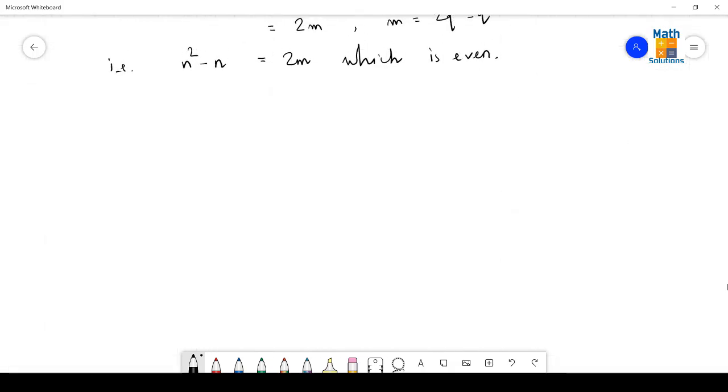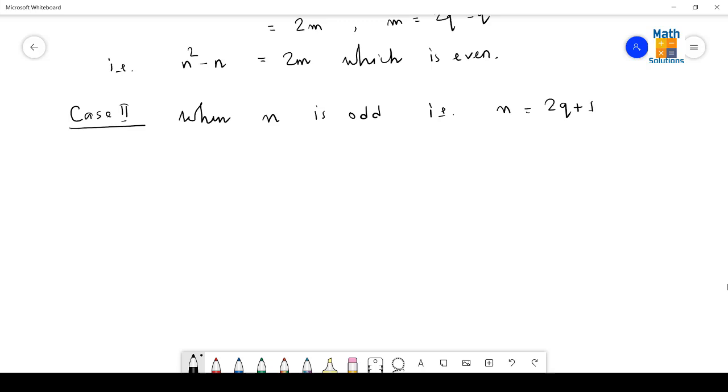Coming to case 2. In case 2, we have to consider n as an odd number. That means we shall be writing when n is odd, that is n is equal to 2q plus 1.